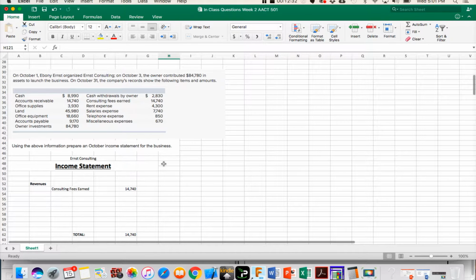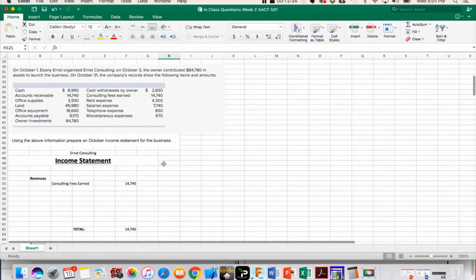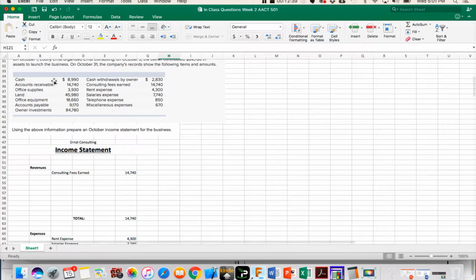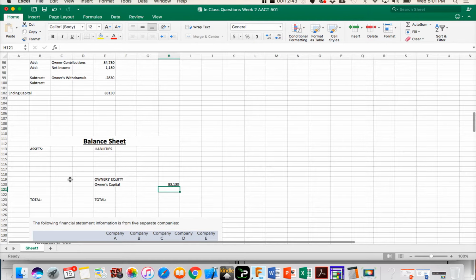The rest of the balance sheet accounts we will just plug in from up here. So we got cash, 8,990.